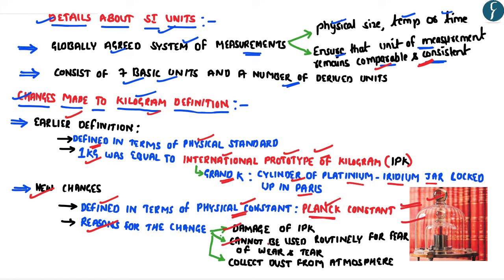Secondly, the international prototype cannot be used routinely for fear of wear and tear. And thirdly, the IPK may collect dust from the atmosphere, due to which there could be a lack of consistency in the measurement of kilogram. Because of these three reasons, the International Bureau of Weights and Measures has decided to redefine the kilogram in terms of a physical constant instead of a physical standard.